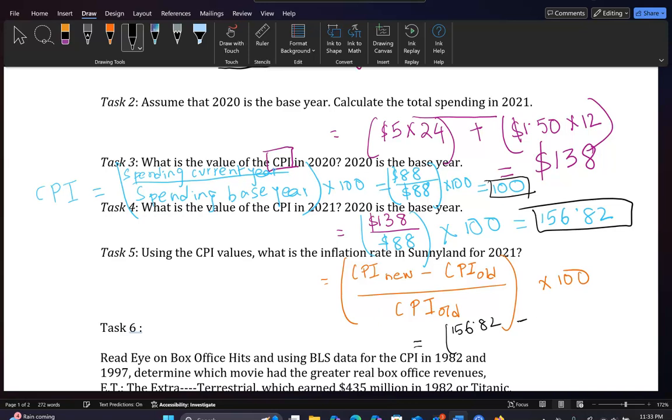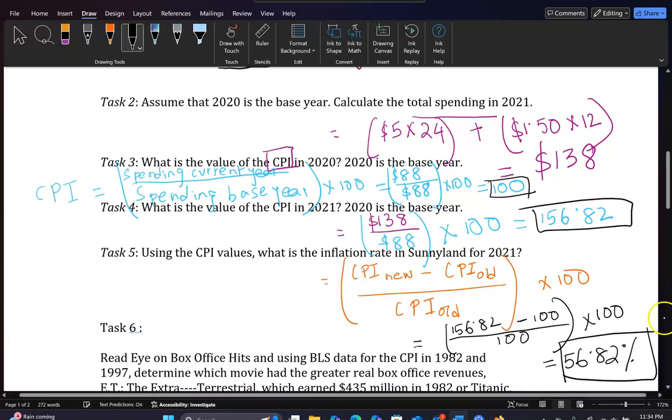From that, we got to subtract CPI old, that's 100, divide over CPI old, that's 100, times 100. So this is 56.82%. That's the inflation rate.